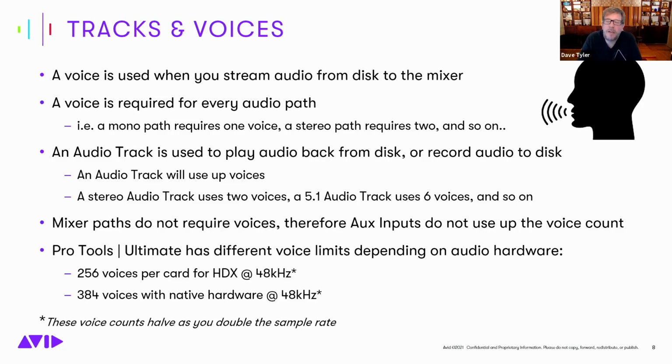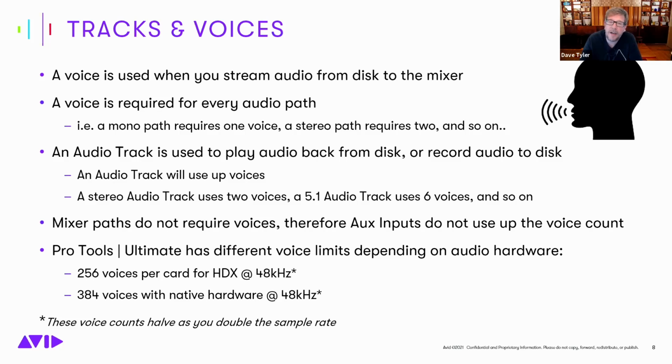The way that we talk about voice limits when it comes to Pro Tools Ultimate depends on your audio hardware. With HDX, which we're talking about specifically here, the voice count is tied to the hardware. So you get 256 voices per card at 48 kilohertz.